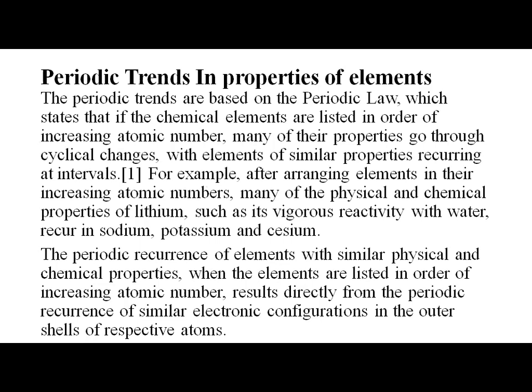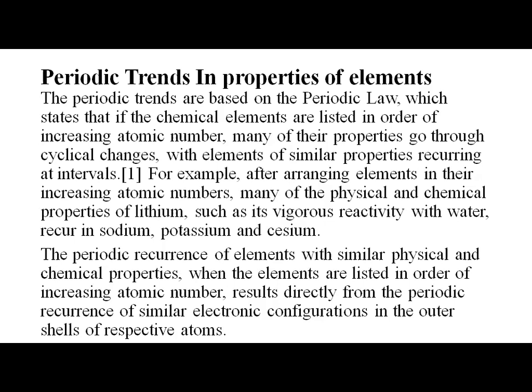The periodic trends are based on what? They are based on periodic law, which states that if the chemical elements are listed in the increasing order of atomic numbers, many of their properties go through cyclical changes, with elements of similar properties recurring at intervals. At certain intervals, there is repetition in the properties.